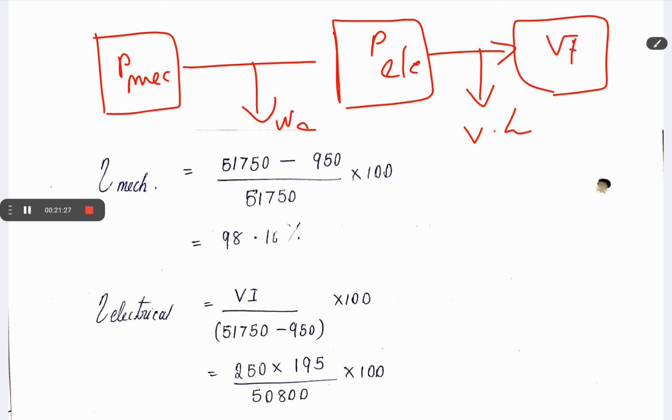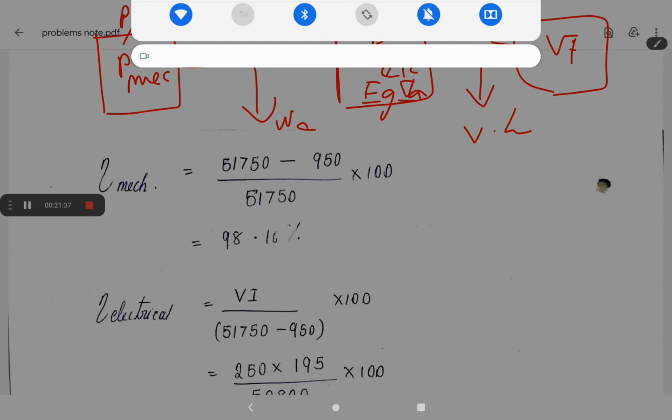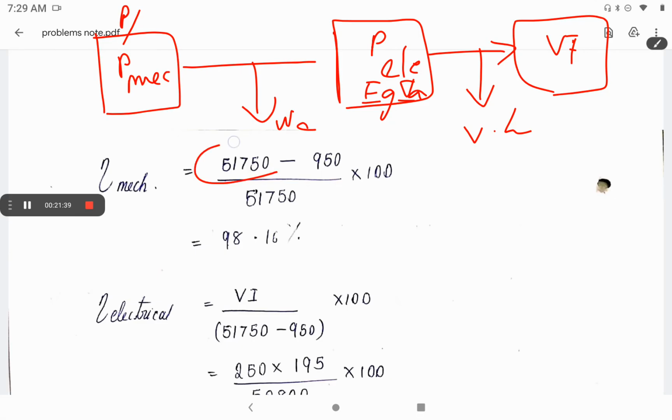Mechanical efficiency means this electrical output EgIa divided by this mechanical power input. Now you have found this power input. Power input minus the constant losses gives you this electrical output power. So stage B by A is the mechanical efficiency. To get the electrical power, we know the mechanical power, so minus this constant loss will give you this second stage.